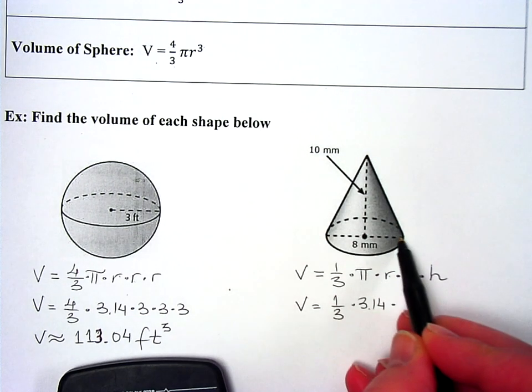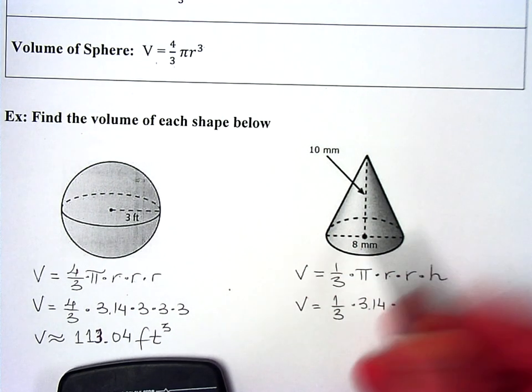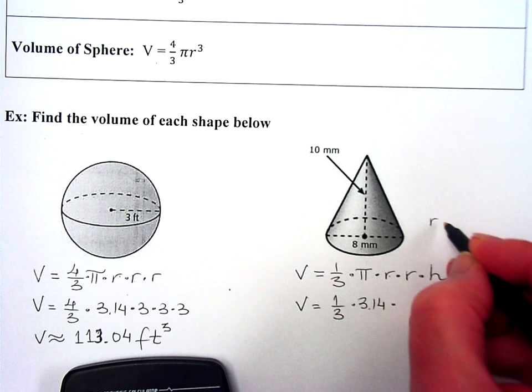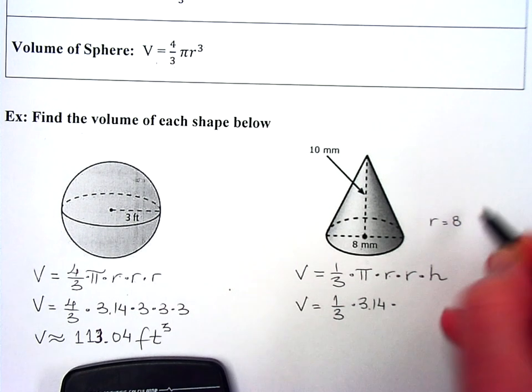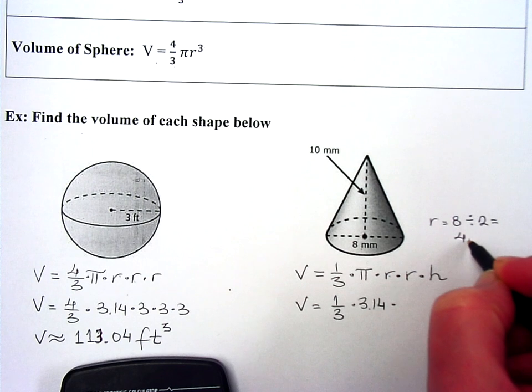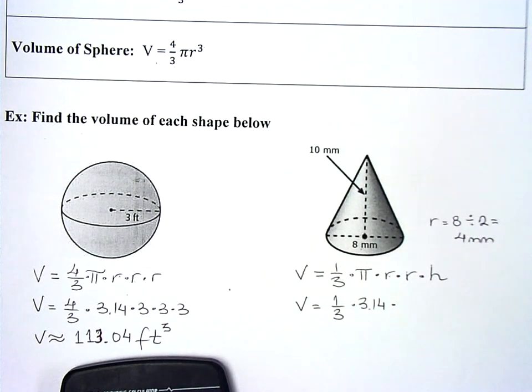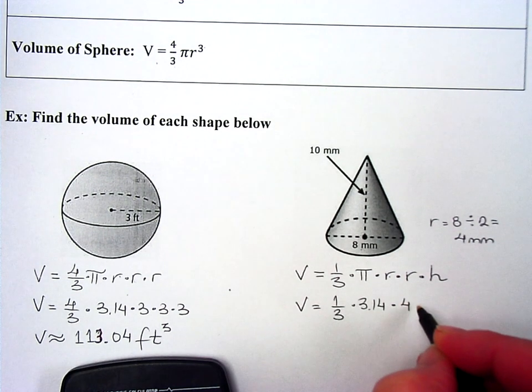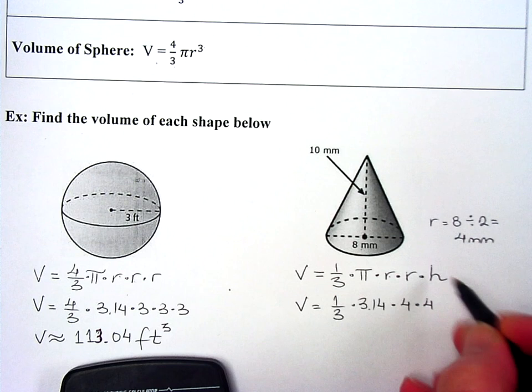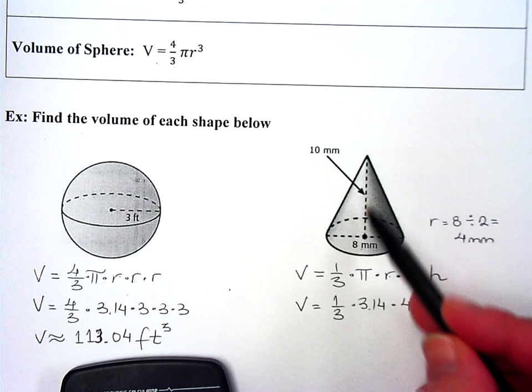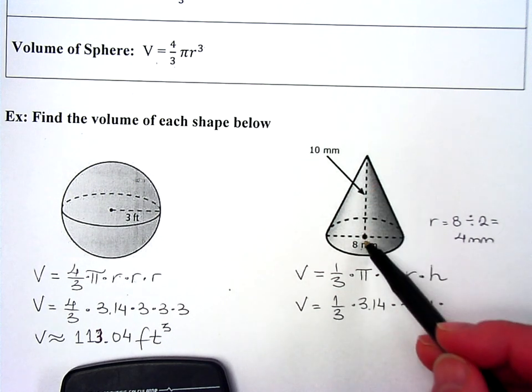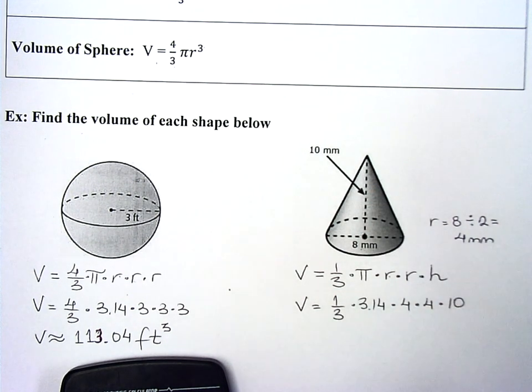Now the distance across the whole circle, which is the diameter, is 8 millimeters. To find the radius, we take 8 millimeters and divide by 2, which will give us 4 millimeters of radius. So we put in times 4, another 4, and now we need how tall the cone is, which is 10.